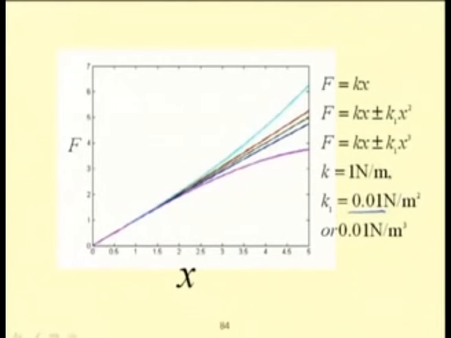One can see that up to a certain position the force versus displacement response is linear, and after that the response is nonlinear. This is for plus or minus k1 x square, and this one is plus or minus k2 x cube.